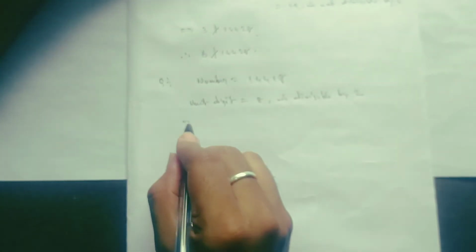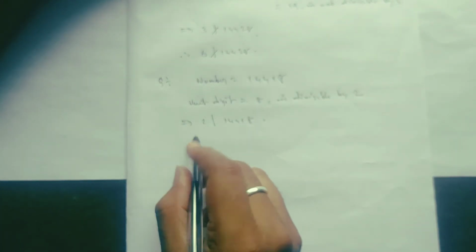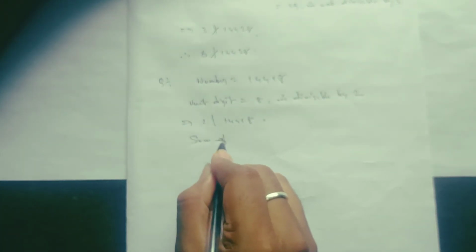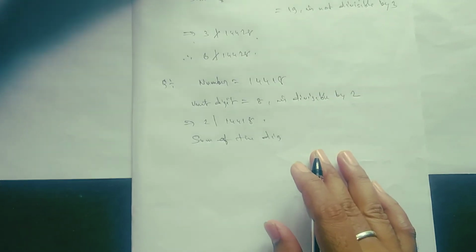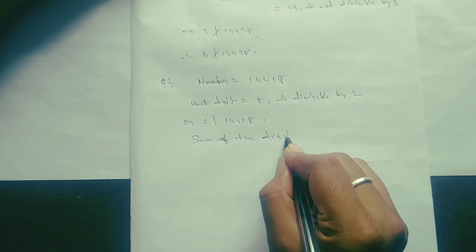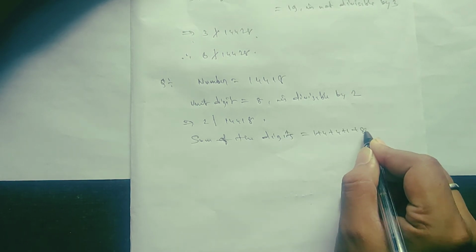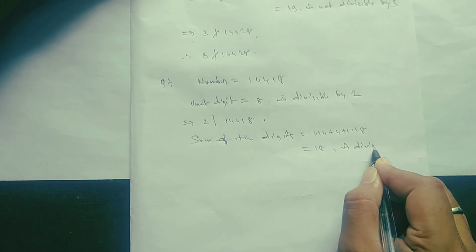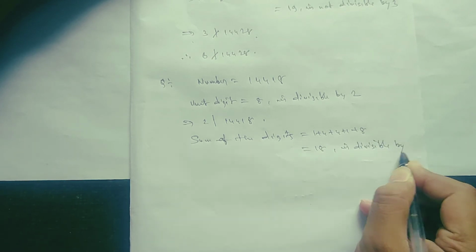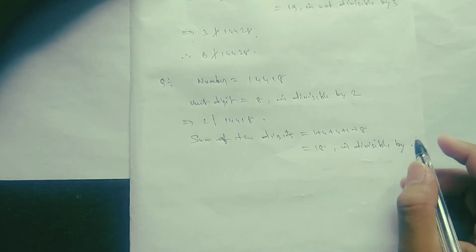Therefore, 2 divides 14418. Now go for the sum of the digits: 1 plus 4 plus 4 plus 1 plus 8, and we are getting 18, which is divisible by 3.